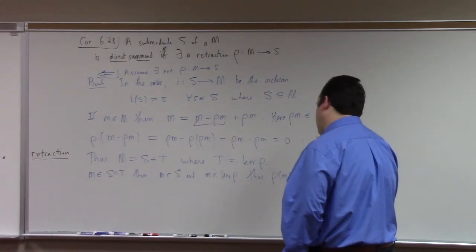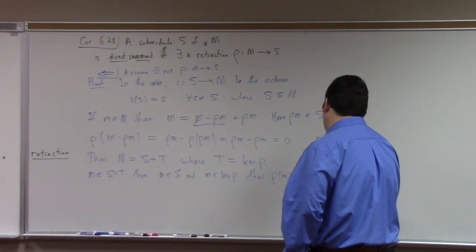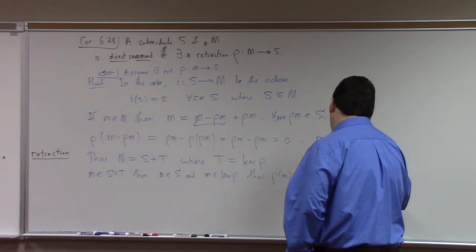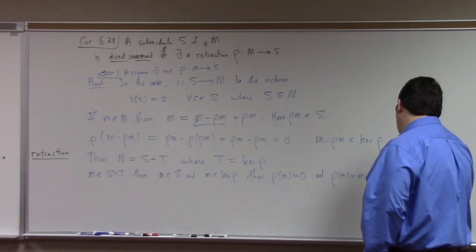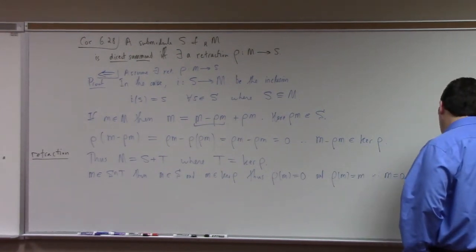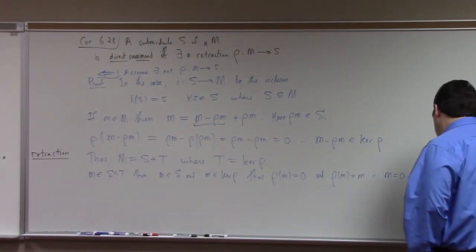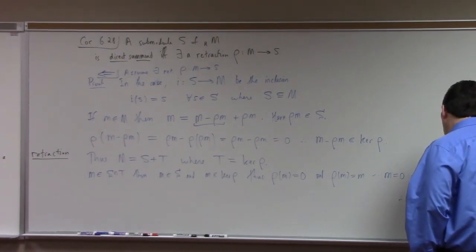And rho of m equals m is what you're saying. Okay, so the intersection is 0, and we've proved then that M is the direct sum of S and T.